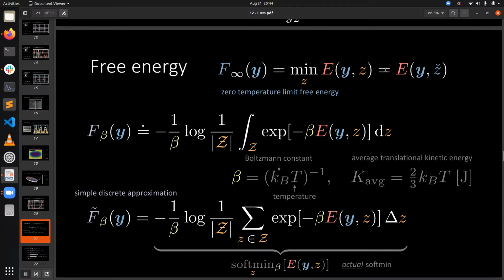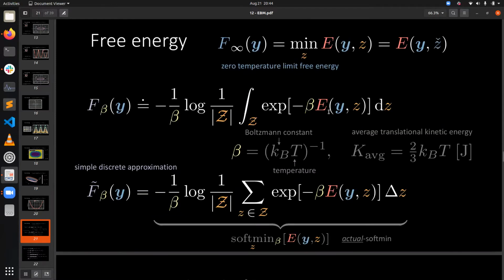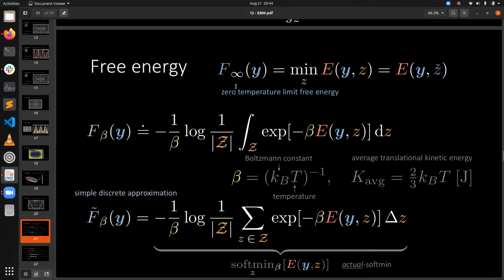So this equation just becomes this zero temperature limit free energy. So when temperature is 0, it is called this zero temperature free energy, where you just consider the nearest point in the manifold to that particular point.